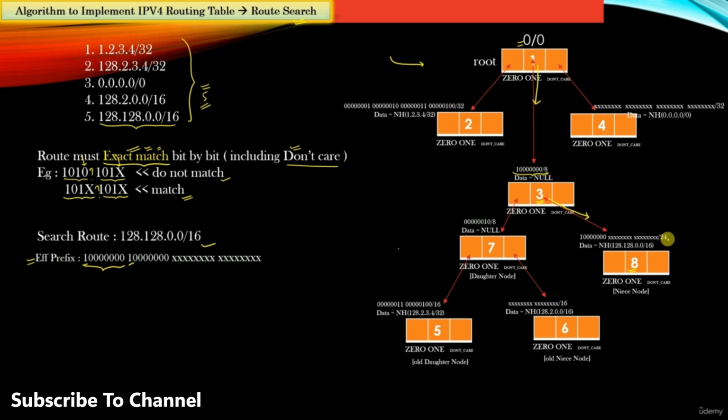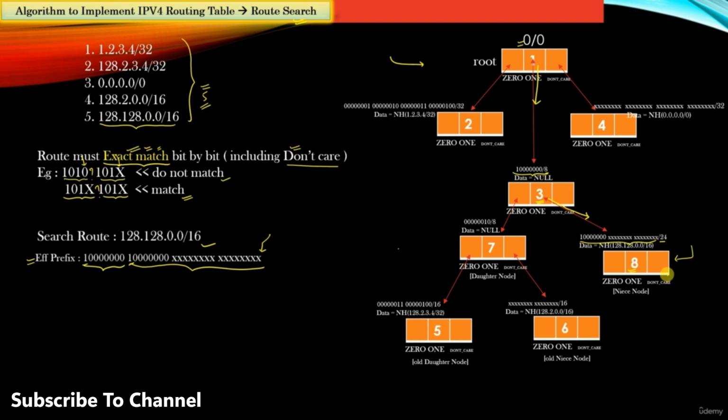And node number 8 has a prefix length of 24, so I am going to compare the next 24 bits of the effective prefix of the input route with the 24 bits of the effective prefix of node 8, and I see they exactly match. Alright, and my entire 32 bits of the input effective prefix have been exhausted, so I will stop my search here.